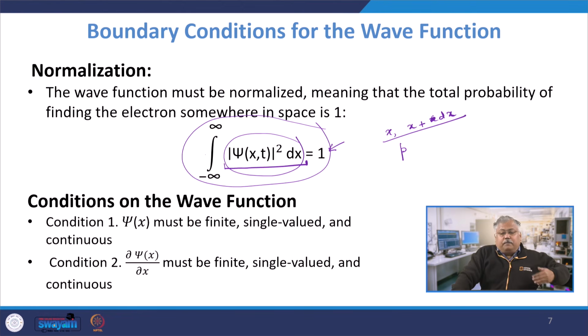Because the particle is there in a region, and you are very sure that the particle will exist between the boundary conditions set, and therefore the probability is always equal to 1. Let us suppose you are standing in a room, the room might be as big as you want, but if you take the boundary conditions as the edge of the room, and I want to find out the probability, I am 100% sure that I will find you within that room itself, and that's the reason the probability is always equal to 1.